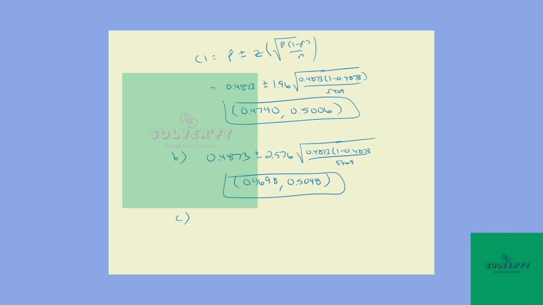The statement about the proportion, someone claims that the proportion is less than 0.5. With what level of confidence can this be made?